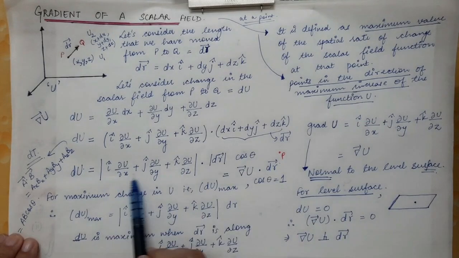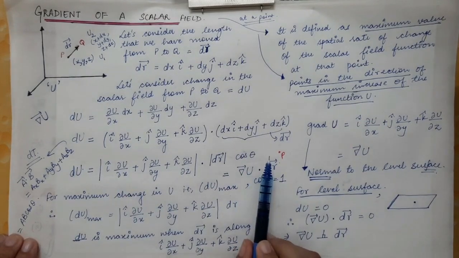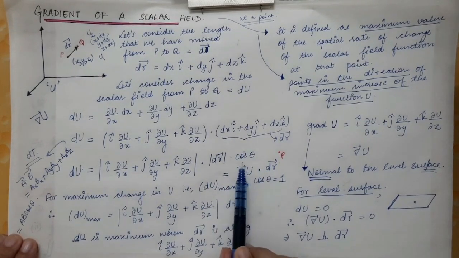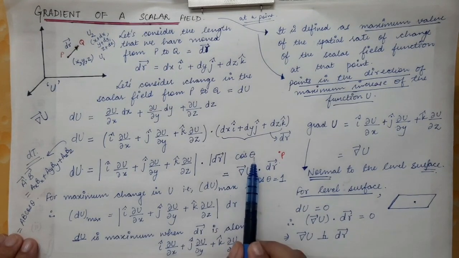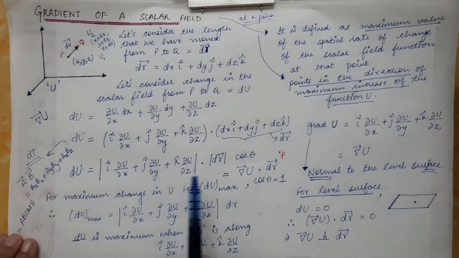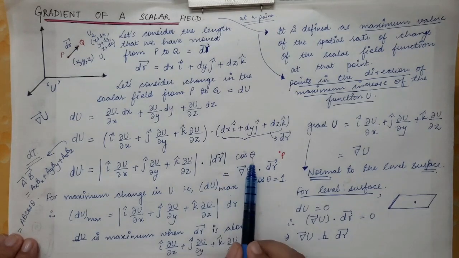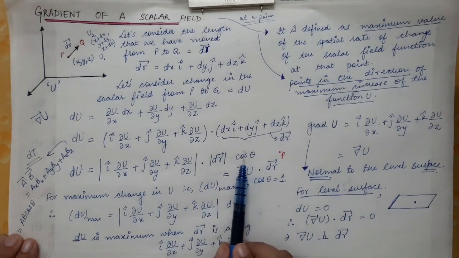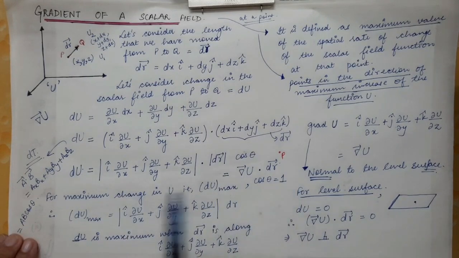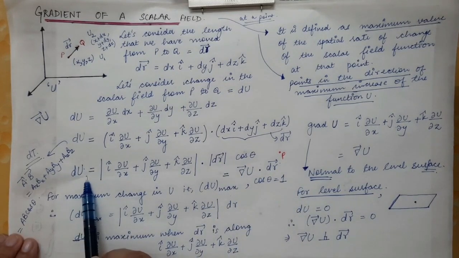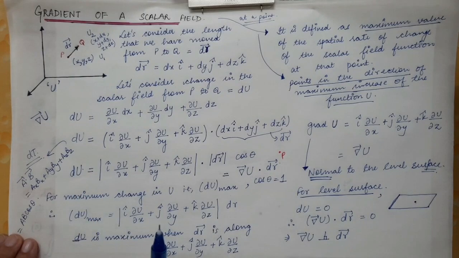Now this right hand side will be maximum when cos of theta is equal to 1, that is, when the angle theta between the gradient and the dr vector is equal to 0. When this angle is 0, the right hand side will be maximum, or you can say the change in the scalar function will be maximum.